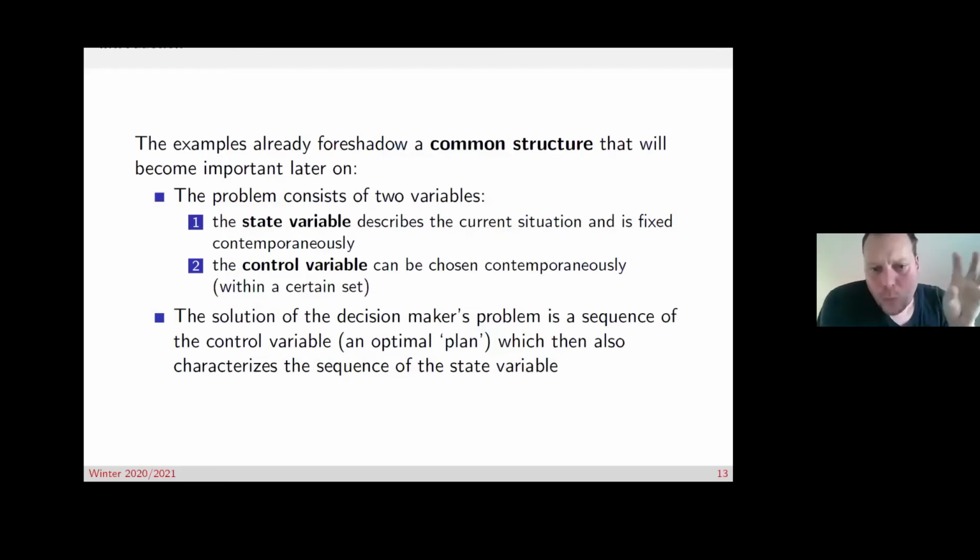So you have a state variable, and the state variable basically summarizes the current situation the decision maker is in, and this is fixed at that point in time. It's fixed contemporaneously. So you cannot, as a decision maker, adjust this instantaneously.